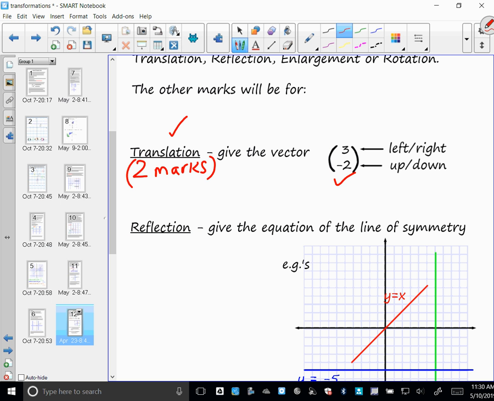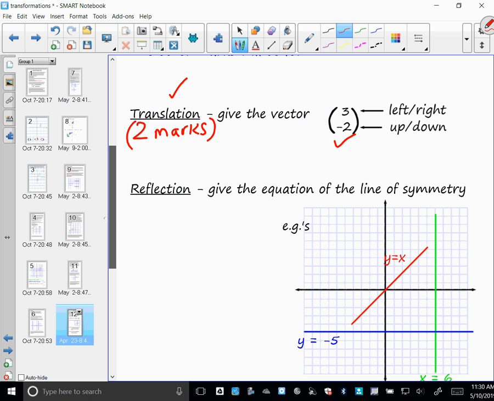So they are the 2 marks that they allocate. A reflection question would be worth 2 marks, because you're going to tell them it's a reflection, and then tell them the equation of the line of symmetry. So, if your question has 2 marks allocated to it, if you don't really know, get one of these 2, and you might get at least 1 mark. Okay?